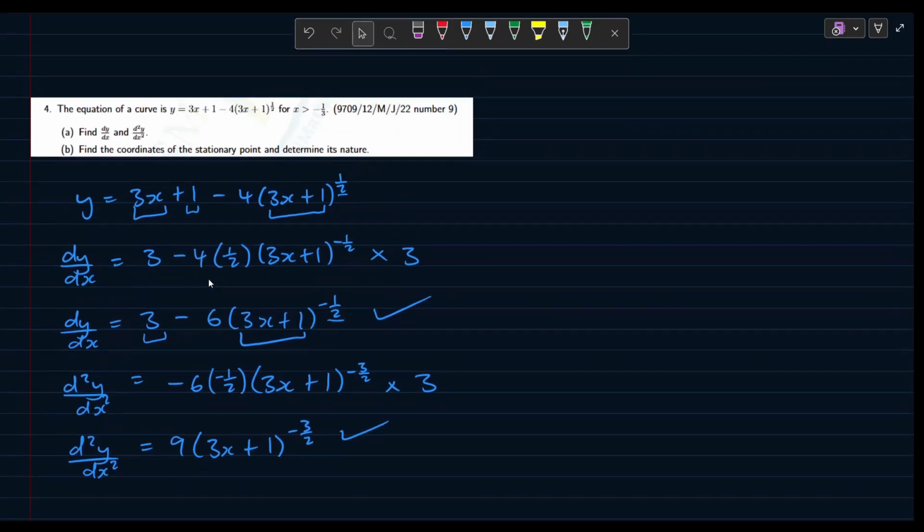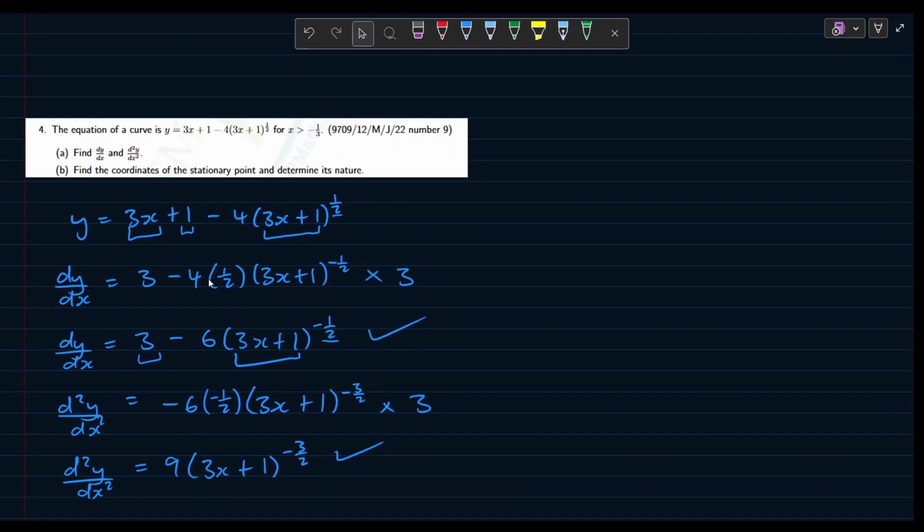Now part B goes on to say find the coordinates of the stationary point and determine its nature. So again, to find the coordinates of the stationary points, we use the idea that dy/dx is equal to 0. So we're going to equate the expression that we have for dy/dx here to 0.